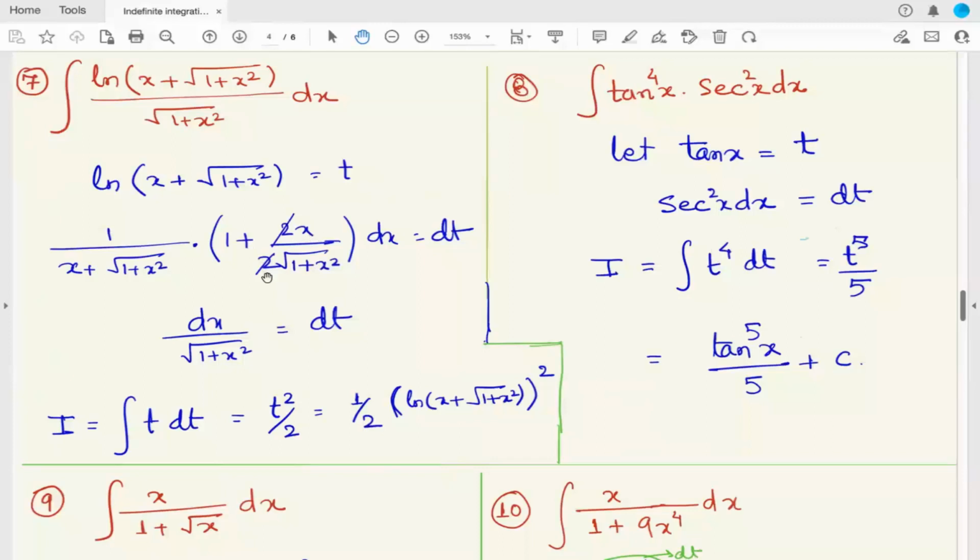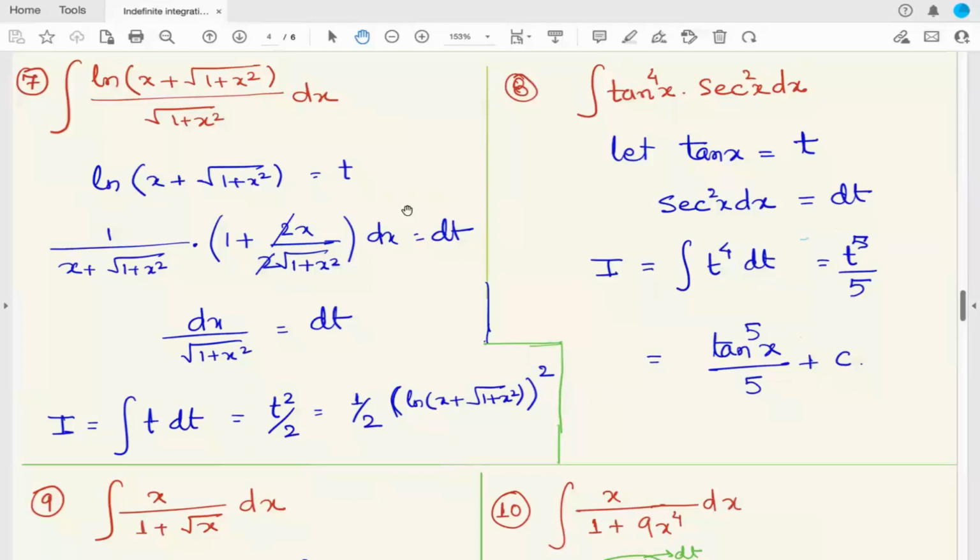Both get cancelled and we get dx by root under 1 plus x square is equal to dt. So our integrand is converted to the integration of t dt, which is t square by 2, and now we put the value, so we get 1 by 2 ln x plus root under 1 plus x square, whole square. I hope you understand this problem.